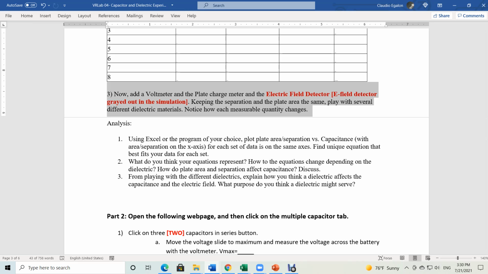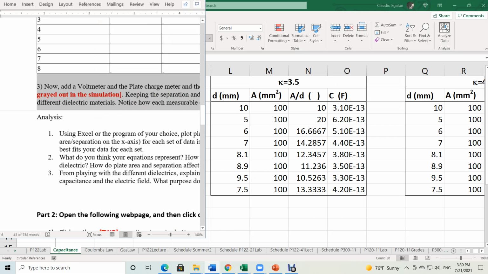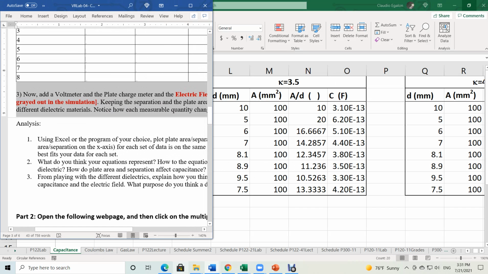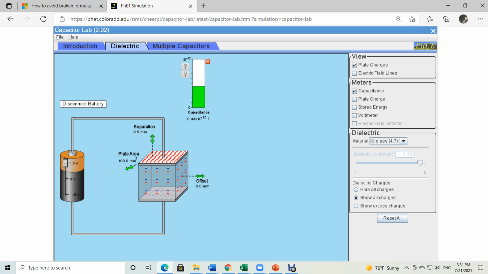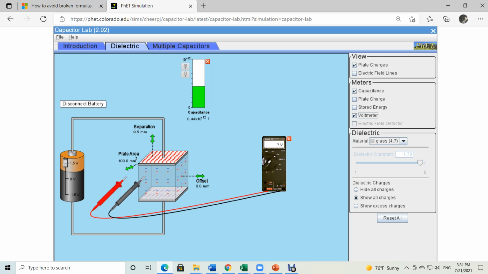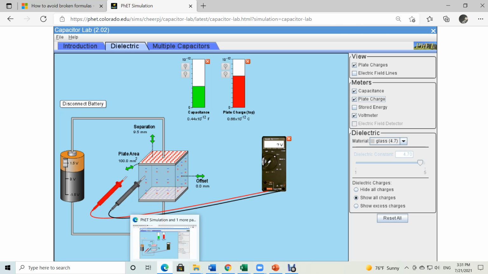Plate charge meter and the electric field detector. So, voltmeter, plate charge. Okay, plate charge. What else? He asked for the electric field detector. Wait a minute.